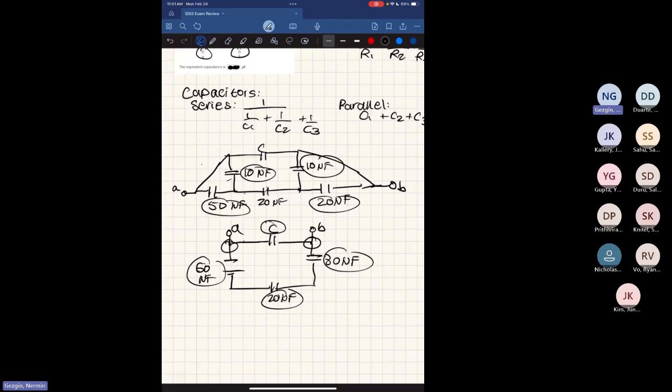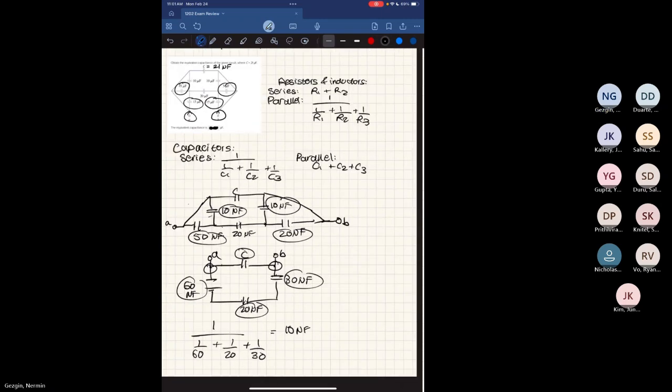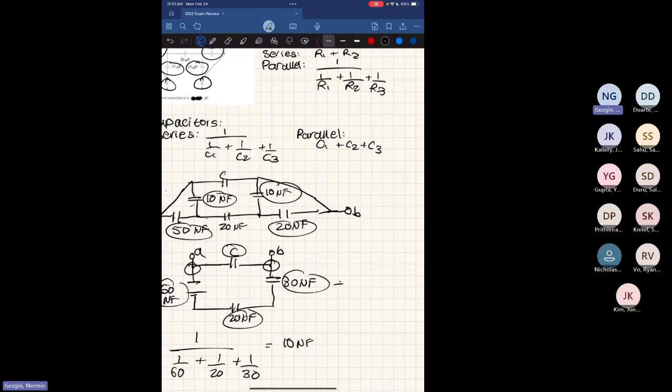So if we were to combine these three capacitors in series, that should give us 10 microfarads. So we have C, we have 10.